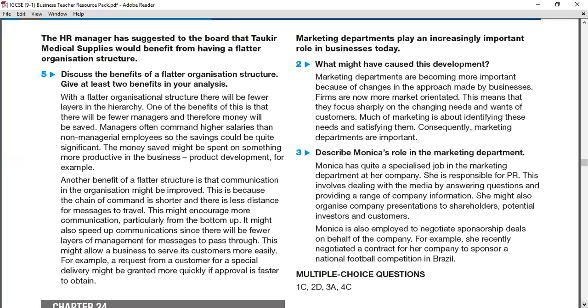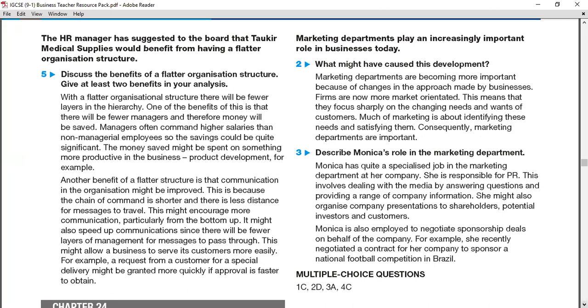So they are asking for benefits of a flat structure. There are two structures, normally tall and flat. So look at the model answer given here. With a flatter organization structure, there will be fewer layers in the hierarchy. That's a kind of small introduction. What is a flat structure? There will be fewer layers in the hierarchy.